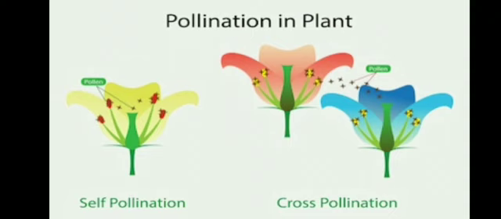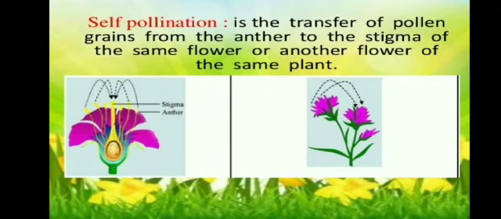Natural pollination is further divided into two kinds. One is self-pollination and another is cross-pollination. What is self-pollination? Self-pollination is the transfer of pollen grains from the anther to the stigma of the same flower or another flower of the same plant.